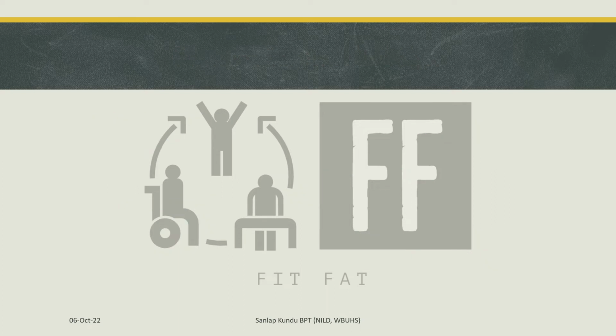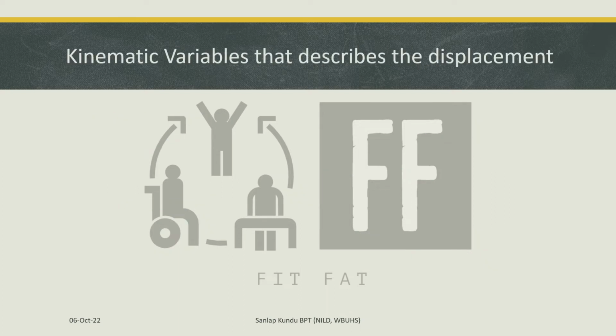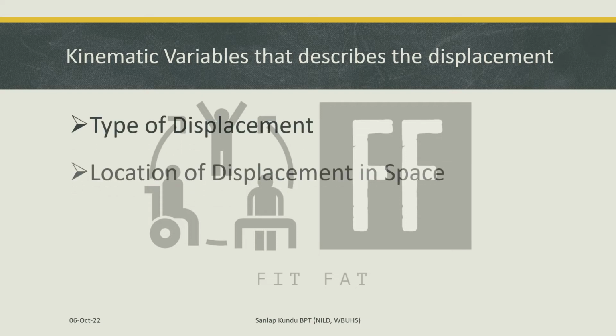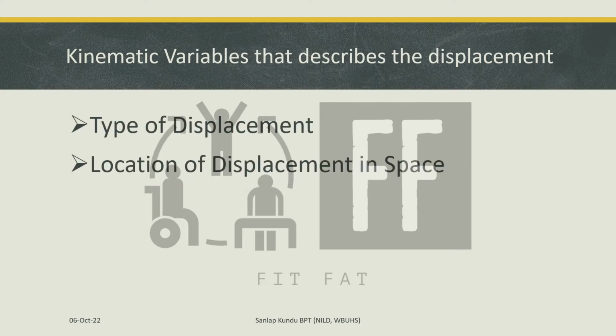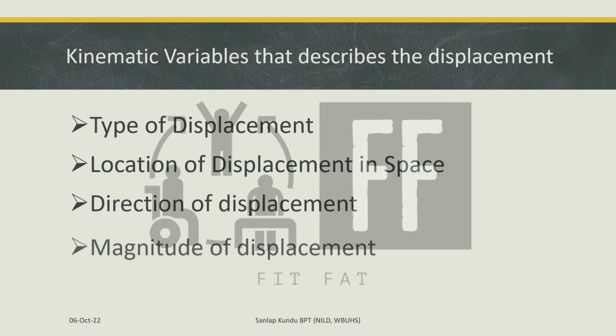Now, there are some kinematic variables that describe the displacement. There are mainly 5 types of variables. First is the type of displacement. Second is the location of displacement in space. Third is the direction of displacement. Fourth is the magnitude of displacement.